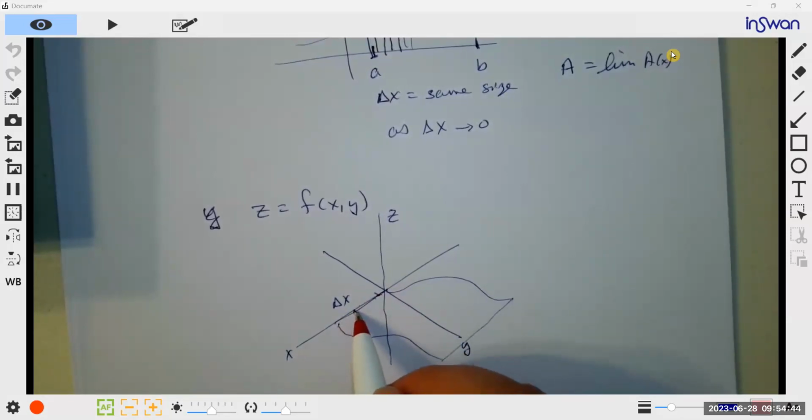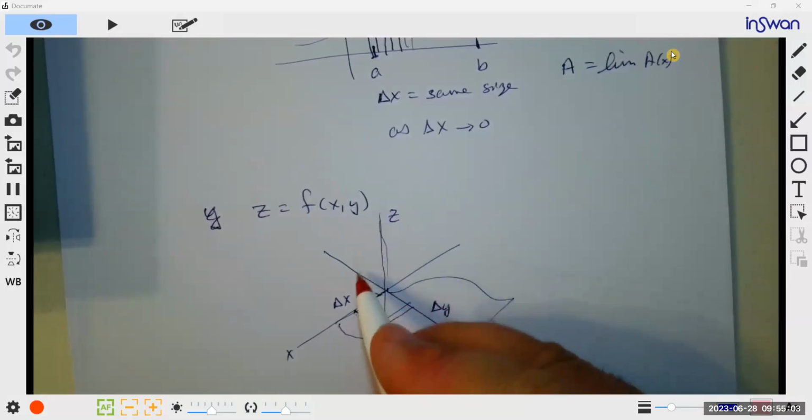But as we have each of our delta x's, we also will have to have now delta y's. So what's going to happen here is where they intersect are these little squares.